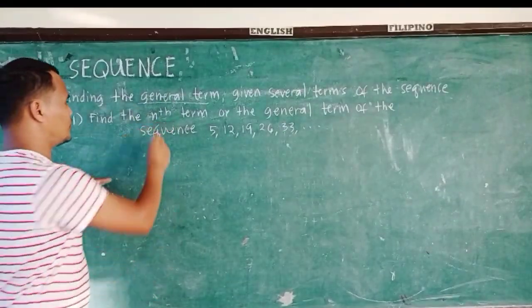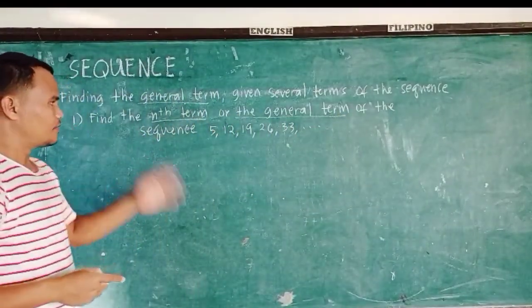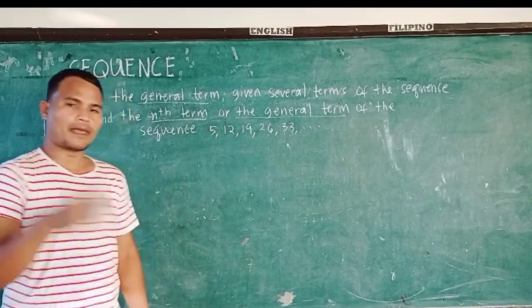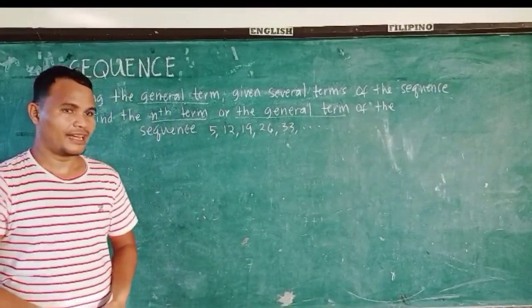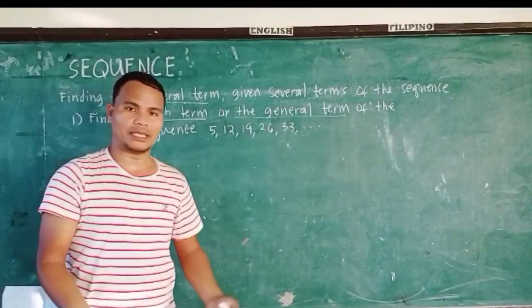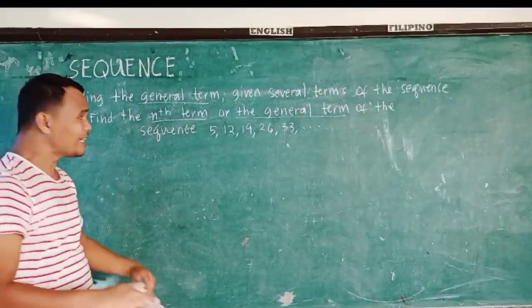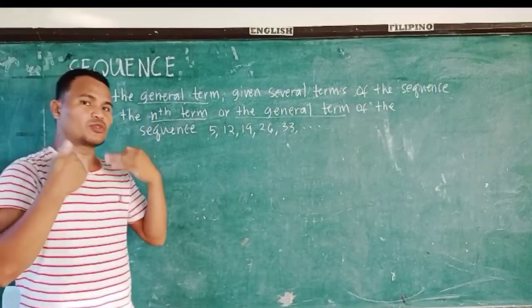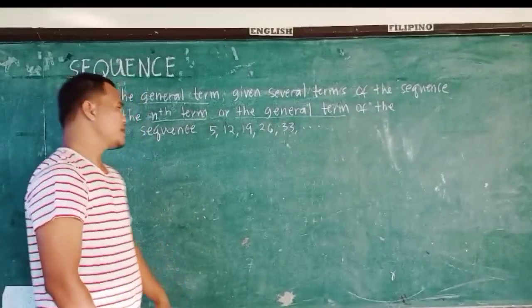Find the nth term or the general term of the sequence 5, 12, 19, 26, 33, and so on. Now, in Math 10, most sequences have patterns. So, in finding the nth term or the general term, we must observe the pattern.